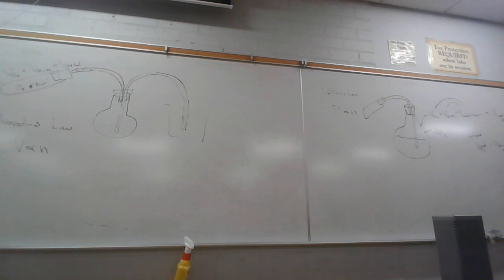Now things are getting all mixed up, and so it takes some time to sort through this. And so what we need is we need the volume of dry O2. This is what we need to know. But we don't know this. We know the volume of wet O2.